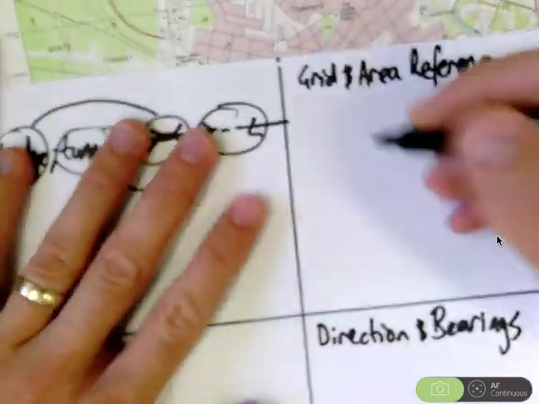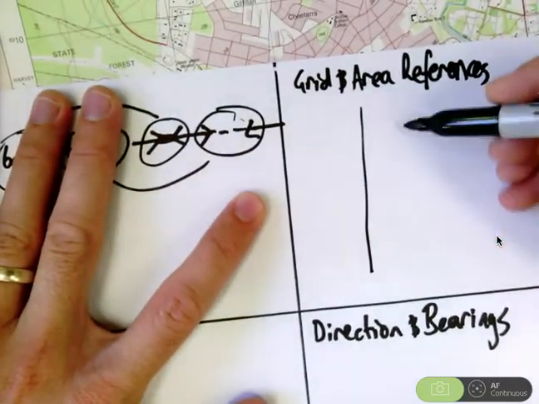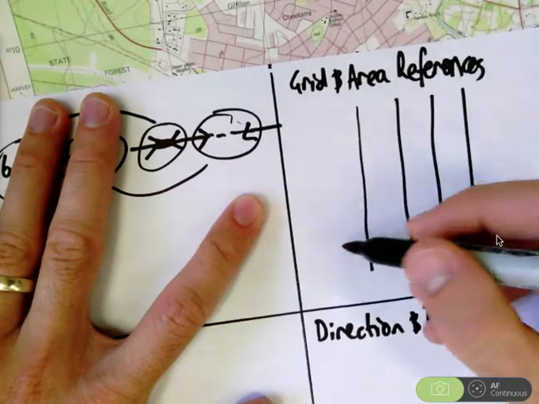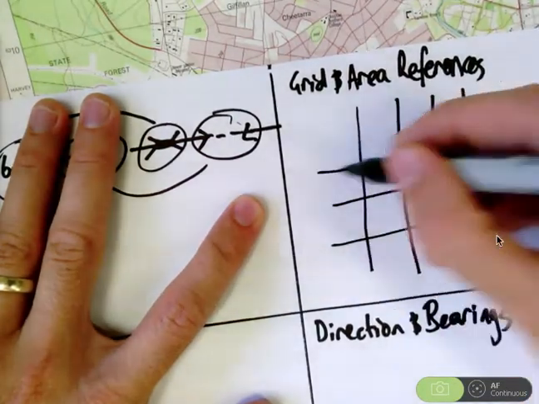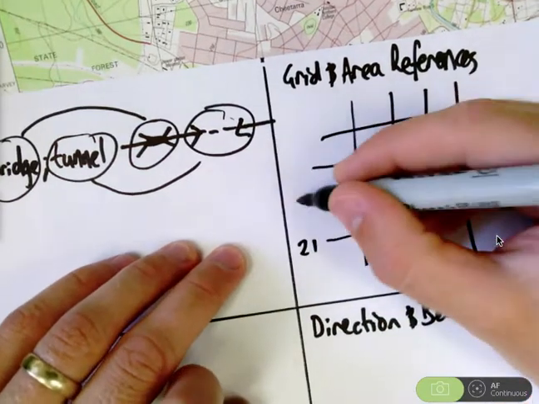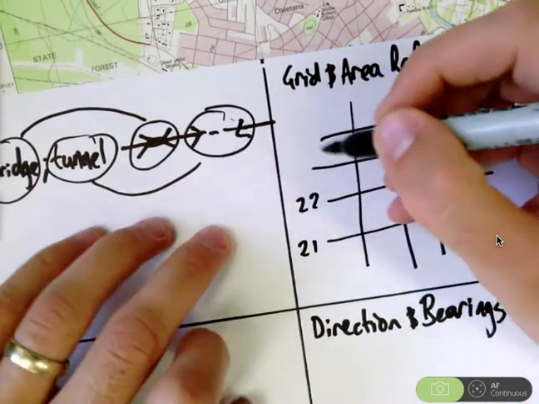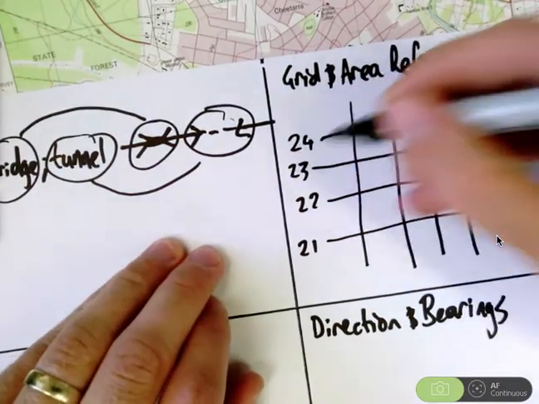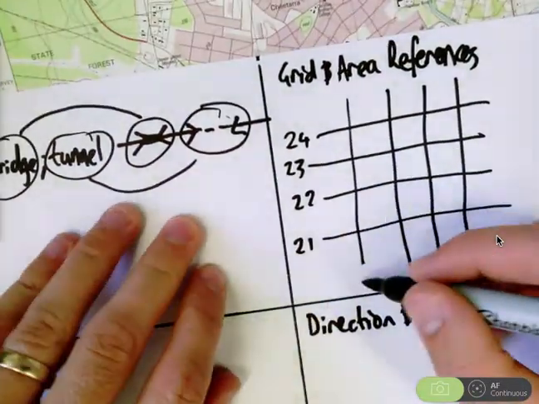I'll draw one here. Okay, this can start from anywhere really. They always go up and left to right.